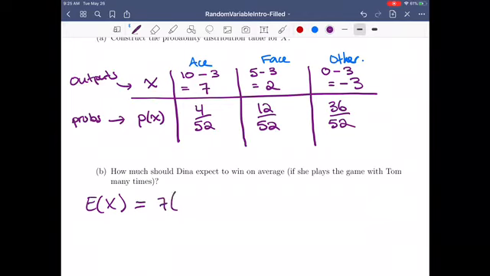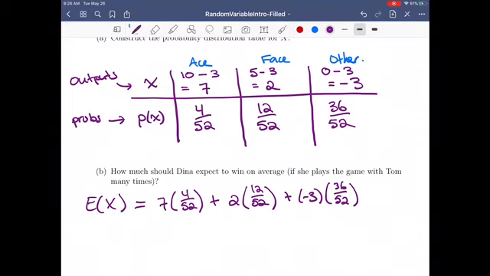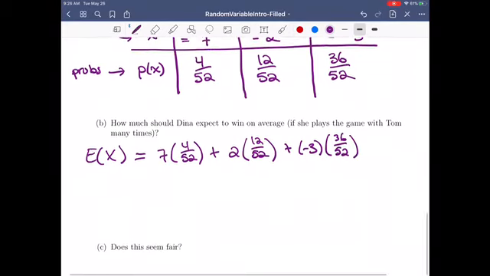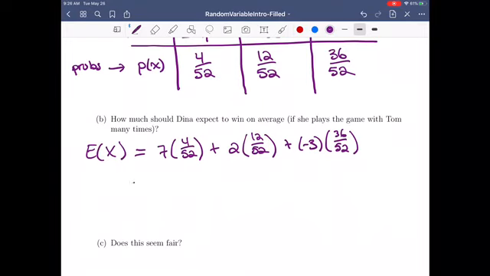So I'm going to do 7 times 4 over 52 plus 2 times 12 over 52 plus negative 3 times 36 over 52. If you compute this, you should get negative 1.08.